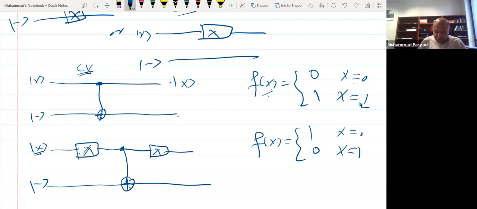Because we have to make sure that our oracle has the same output state as the input state on these working qubits, this circuit can also be represented with this thing.